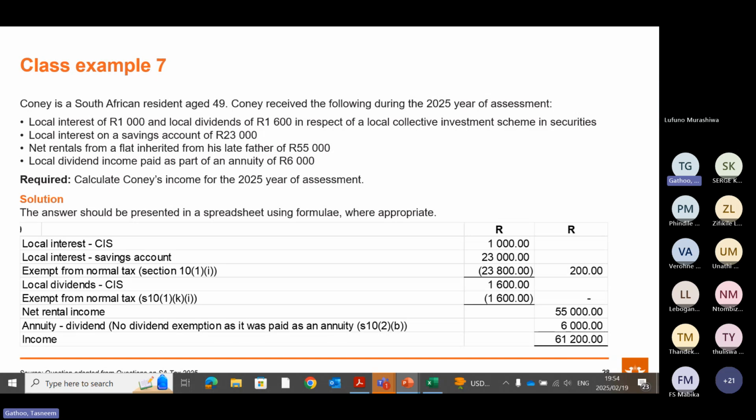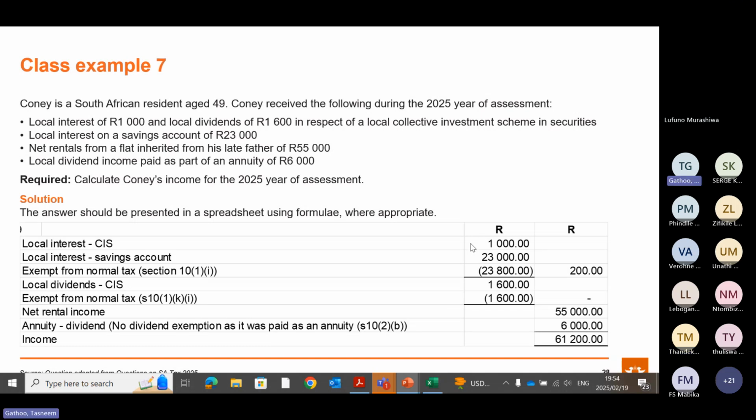Yes, Tandeka, you have a question? Yes, ma'am, I'm just double checking the 200. The 23,800 exempt amount is bigger than the income that he received, but at the same time, we've got a positive amount on that end. How does it play out?